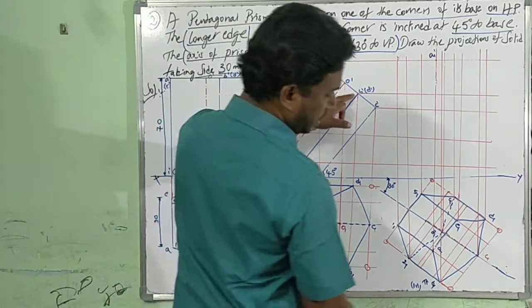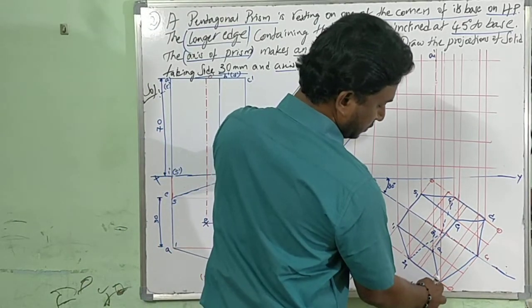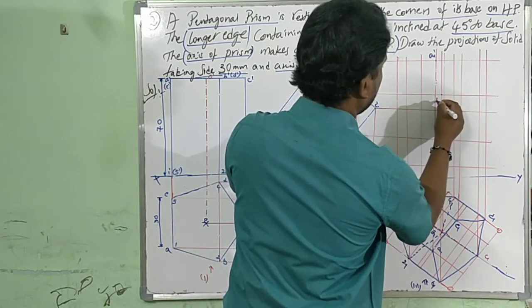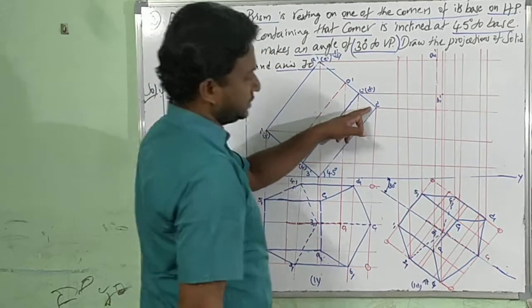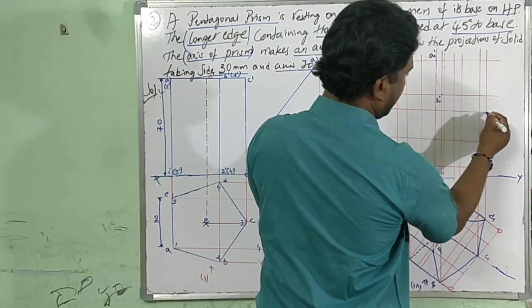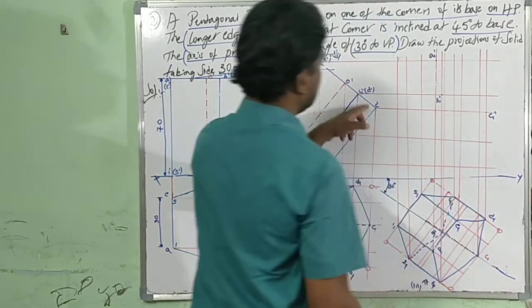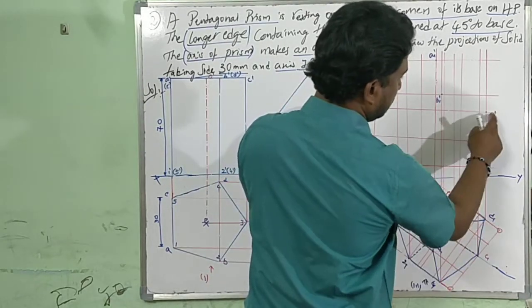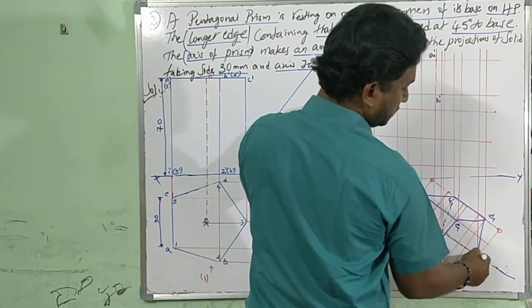B dash horizontal, B1. B1 dash. C dash, C1. C1 dash. D dash, D1. I'm sorry, I always make these mistakes.